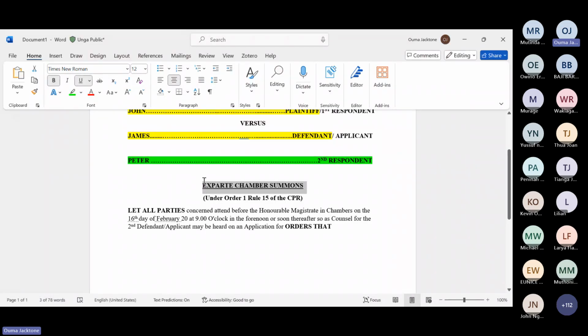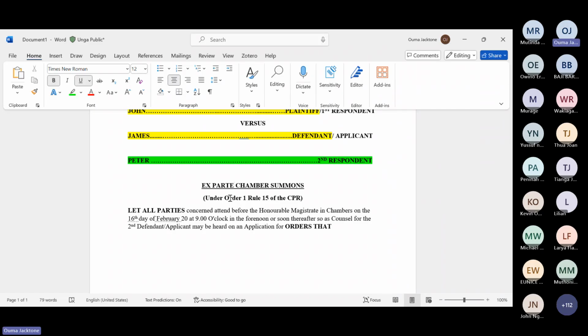Okay, so you're going to have your ex parte chamber summons, right there, and it is made under Order 1, Rule 15 of the CPR. If you forget this specific one, you can say Order 51, you can say Article 159, you can say Section 1A, 1B, and 3A of the Civil Procedure Act, and all other. So you can mention a lot of provisions there, which covers everything. Are we together? For now, we just go with Order 1, Rule 15.